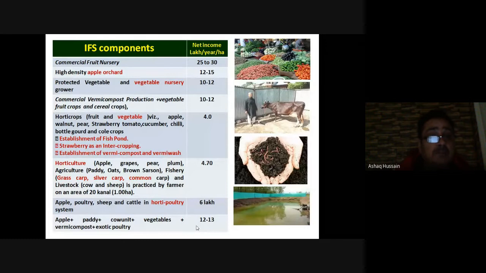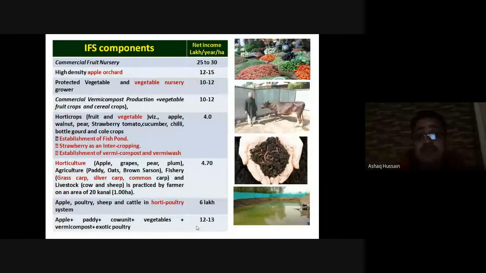For example, in row 4, we see a farmer has integrated vegetable production with apple. He has also constructed a fish pond with intercropping of strawberry and established a vermicomposting unit. We know that animals generate a lot of cow dung. That cow dung has to be processed through pre-composting, and then worms are reared on it.